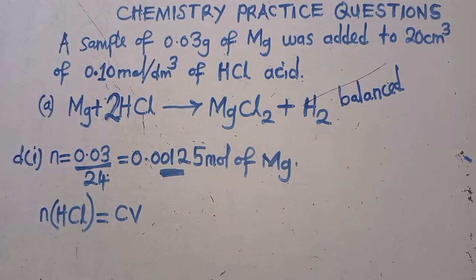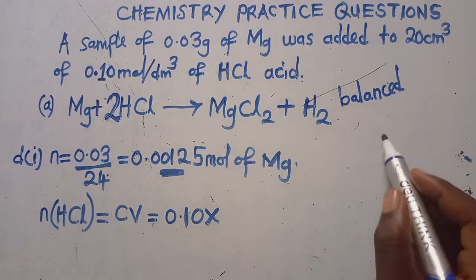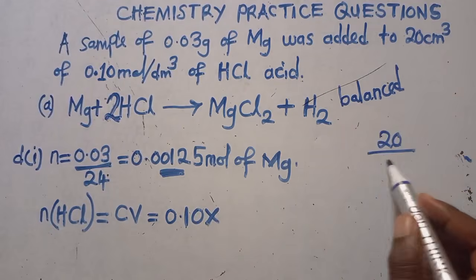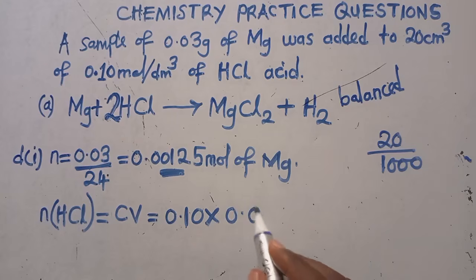I guess you already know these formulas. Concentration is 0.10 multiplied by volume, which is 20 divided by 1000. The answer we get is 0.02.